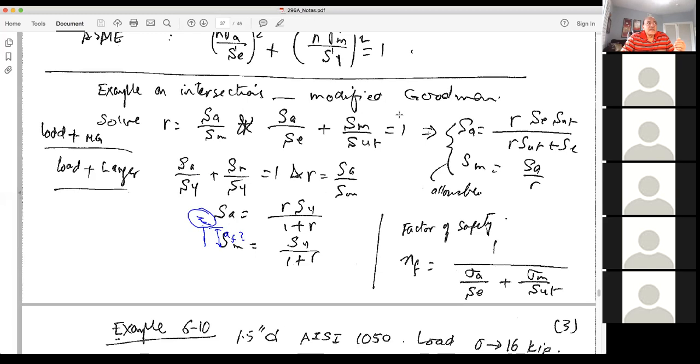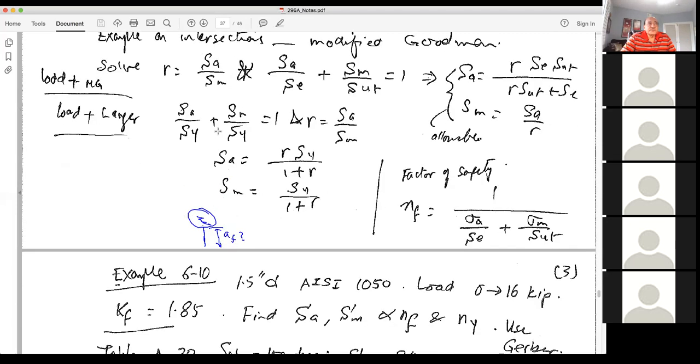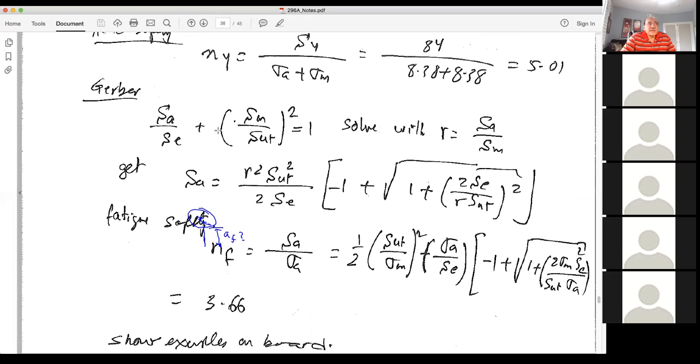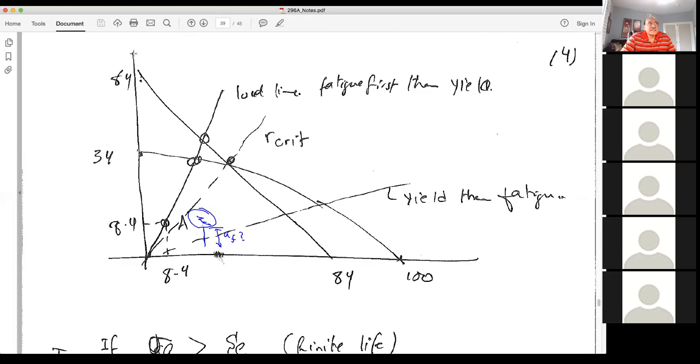A load line is the ratio of the alternating divided by the mean, and that ratio gives us a fraction. As the fraction is constant, we're looking for that load line. In this example, the alternating is on the vertical, and the mean is on the horizontal. Then we have a straight line that's called the load line.